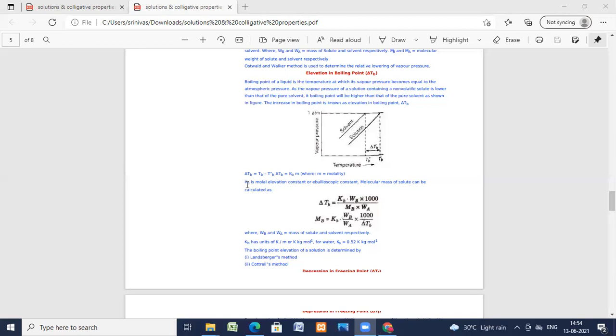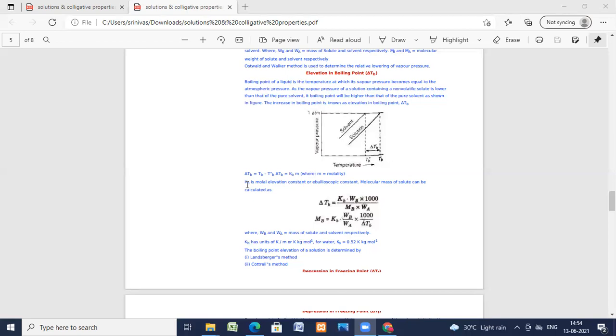The condenser returns the vaporized solvent to the boiling tube. Thereupon, a weighed amount of the solute is added to the solvent and the boiling point of the solution is determined as that of the solvent. The volume of the solution is noted, and from the density of the solution, the mass of the solvent present can be calculated.